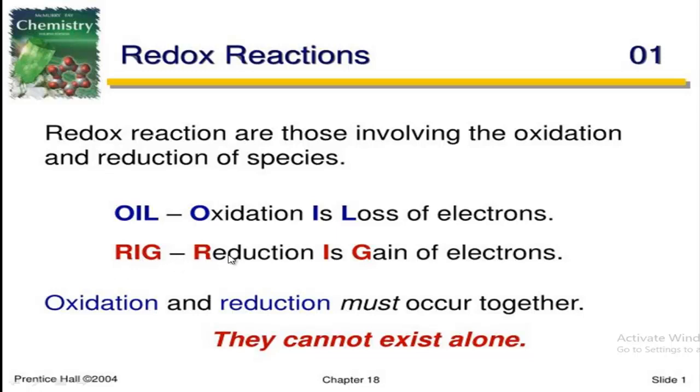Then you can easily remember that oxidation is a loss of electrons, the reaction in which electrons are released, and reduction is the reaction in which electrons are accepted. And oxidation and reduction always occur together.